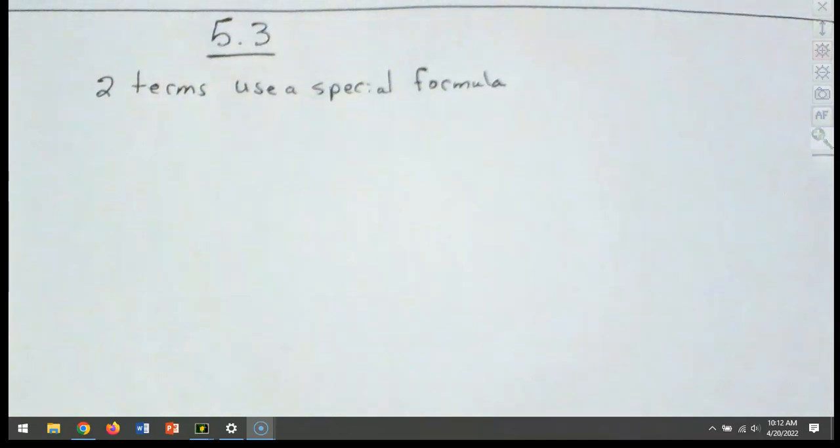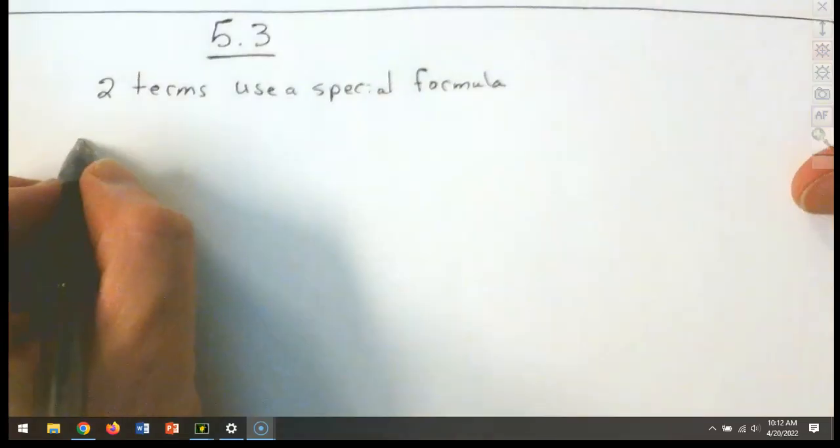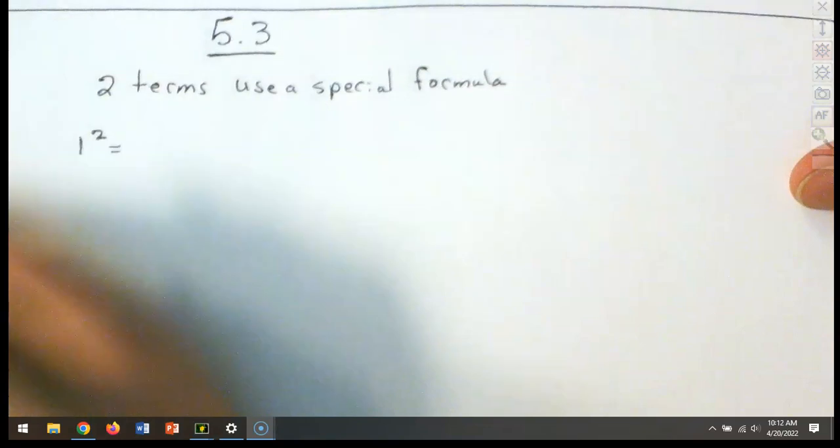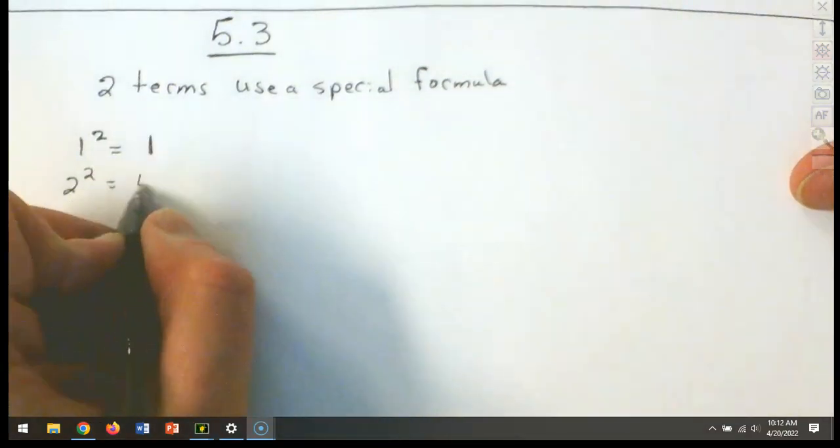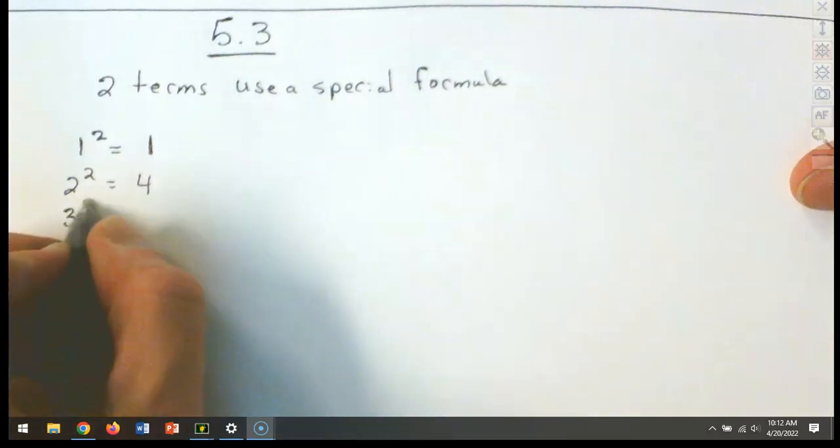To do these, we need a table of squares. This way we have it for reference. So let's just make up our table of squares. Okay. 1 squared is 1. 2 squared is 4. 3 squared is 9.